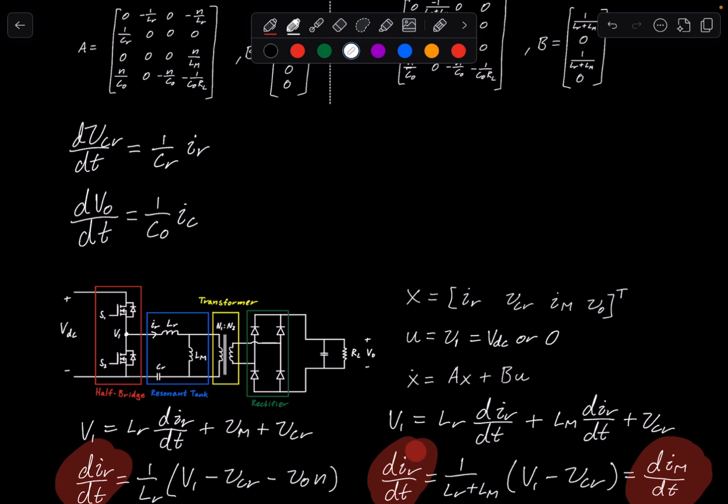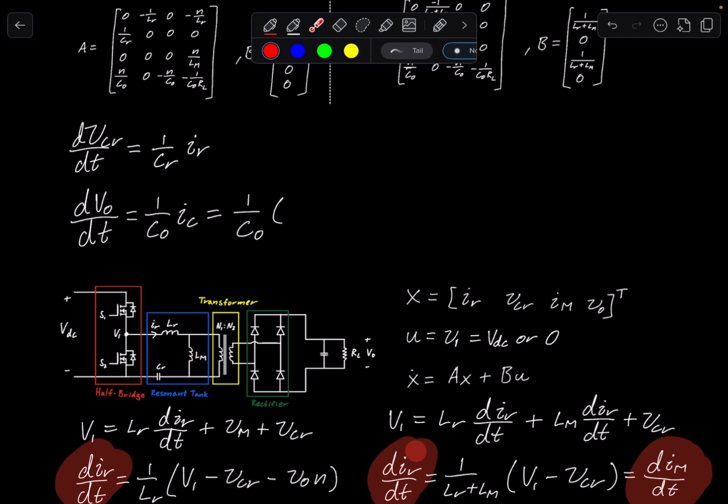So we know that the output capacitance current should be equal to the current coming from the resonance tank minus the current that decides to go to the output. So this would be equal to 1 over C and then multiplied by that current. So the current going from here is equal to IR minus IM.